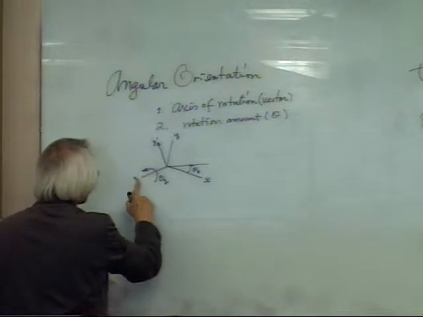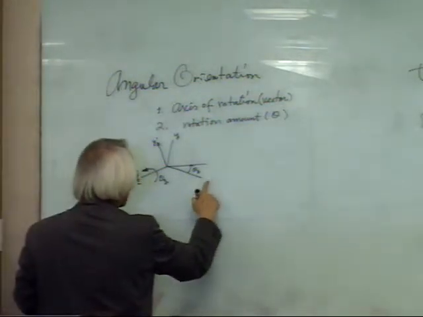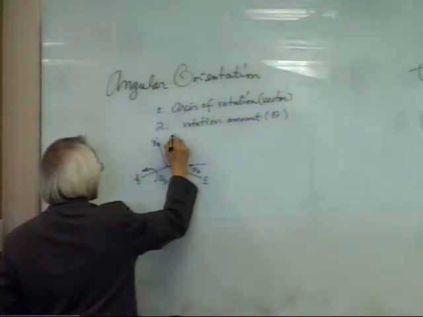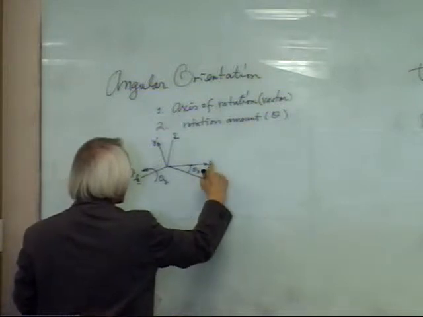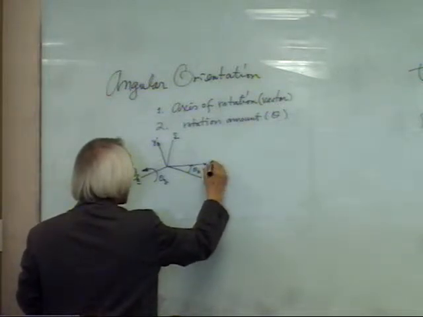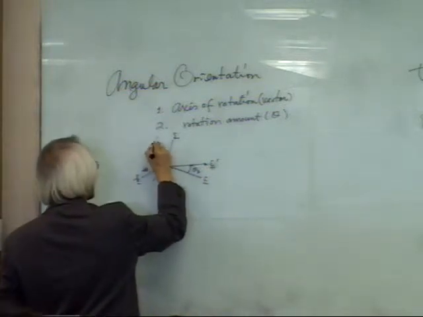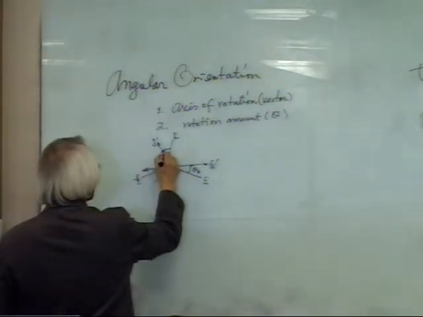Suppose this was a unit vector. This is K. This is I. This is J. And then this becomes, say, I prime, J prime. Okay?